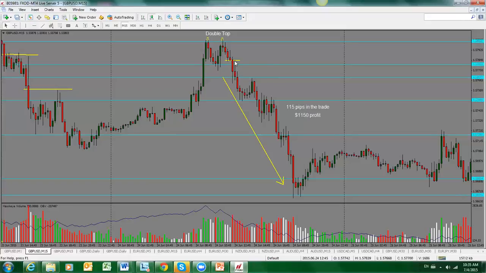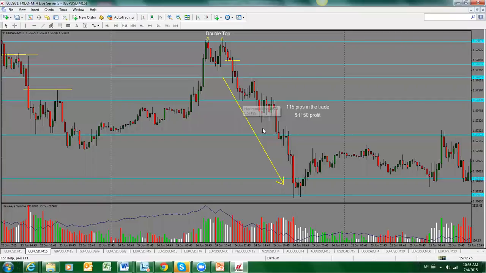The reason there's a wick here is that price will start moving up, and that's what you want to look for. You want to get into the trade right at this line that I have. You wait for the price to pull back, and sometimes you may just get in over here, which is fine. You bring it over here, and then you enter a short trade. That's what the double top is for, entering the short trade.